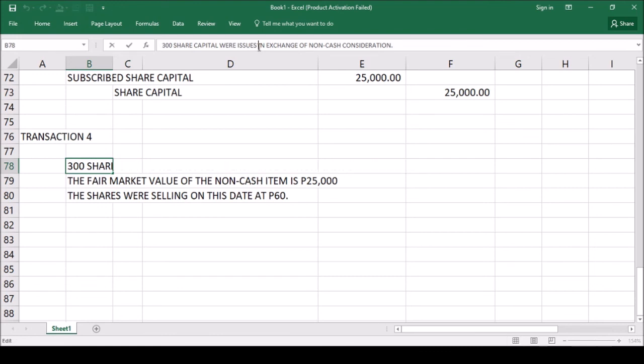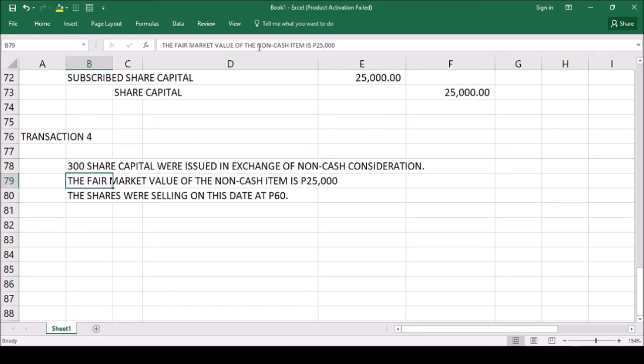Ayun. What if, sir, the issuance of shares were yung kapalit are non-cash? Ibig sabihin, in kind. Paano po natin yun i-record? Okay, madali lang. Then, the fair market value of the non-cash item is, sabihin natin, wag natin gawing 25, palakihin natin ng 40.